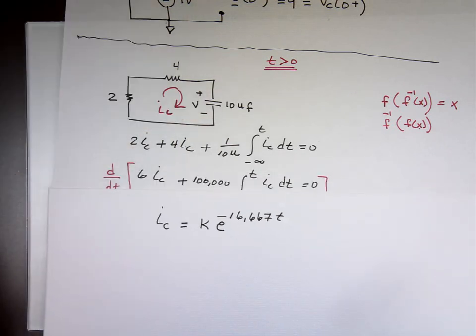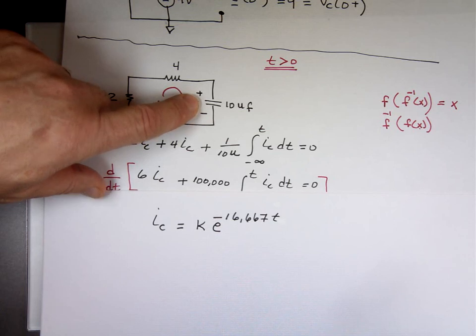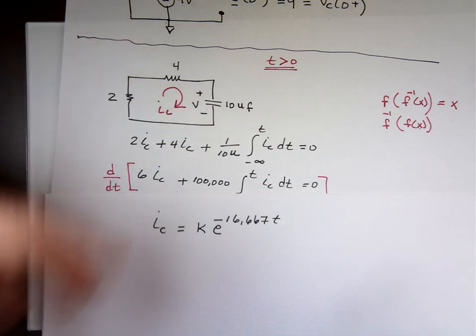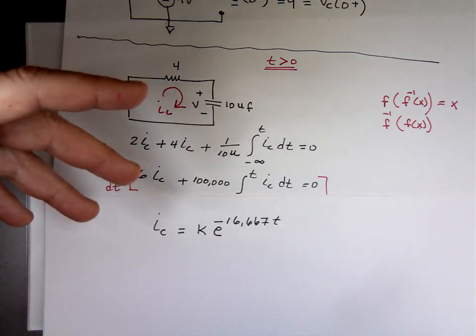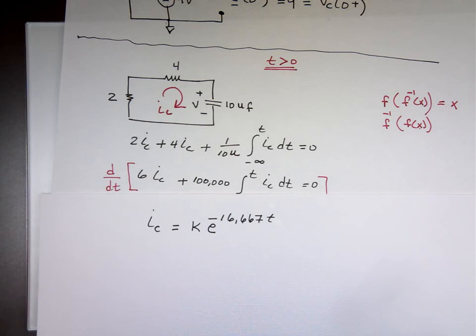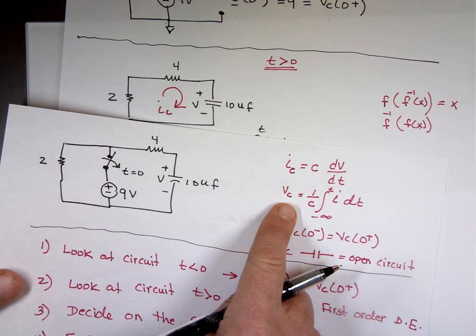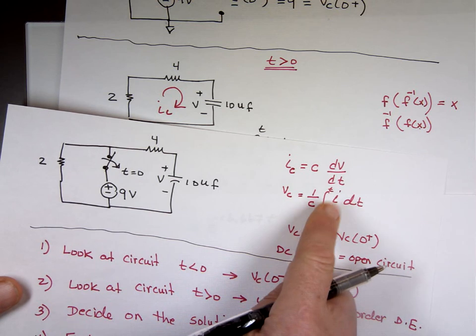If you know the current through that capacitor, can you find the voltage? What is V equal to? Well, according to this equation, V equals 1 over C, the integral of I dt. We all took calculus. I'm hoping you all did.